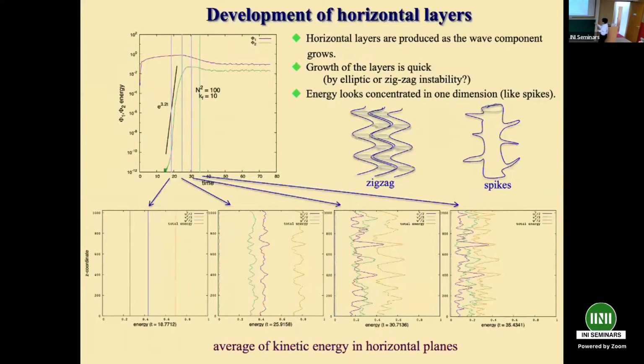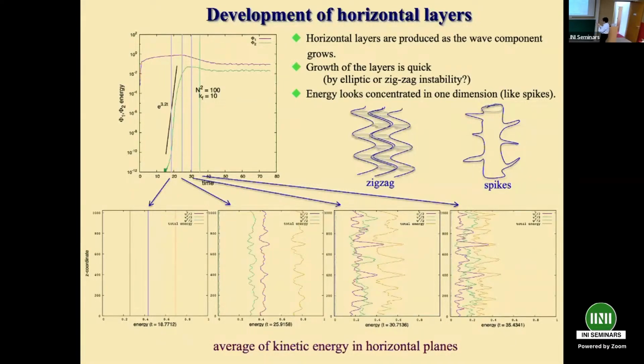So zigzag is nicely one direction. Vortex dipoles are propagating, and so the zigzag happens in the direction perpendicular to the translation always.